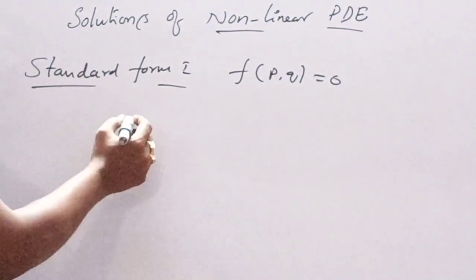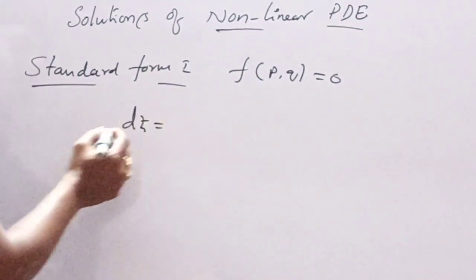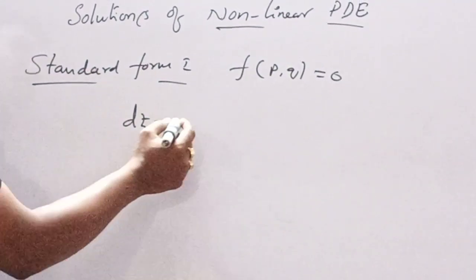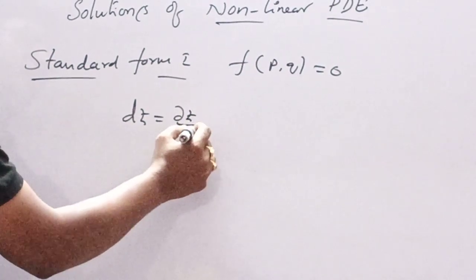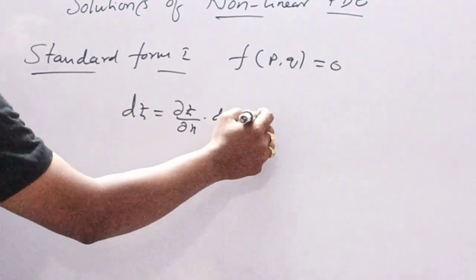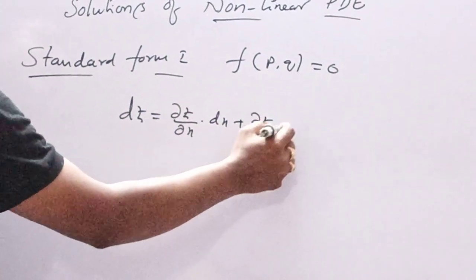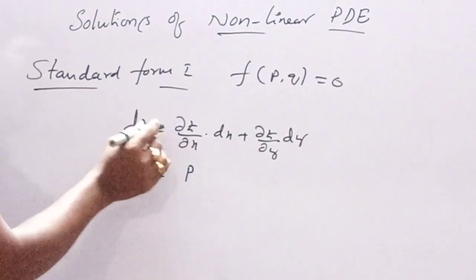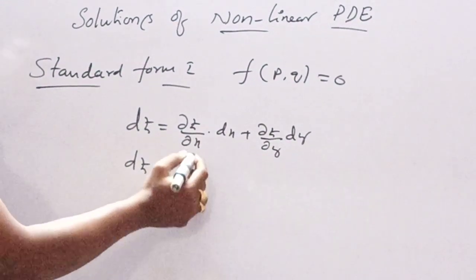As we know, since z is a function of both x and y, dz can be written as ∂z/∂x dx plus ∂z/∂y dy. That means dz equals p dx plus q dy, since ∂z/∂x is p.